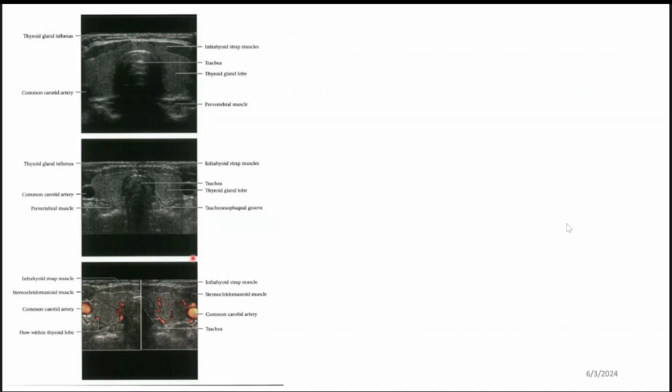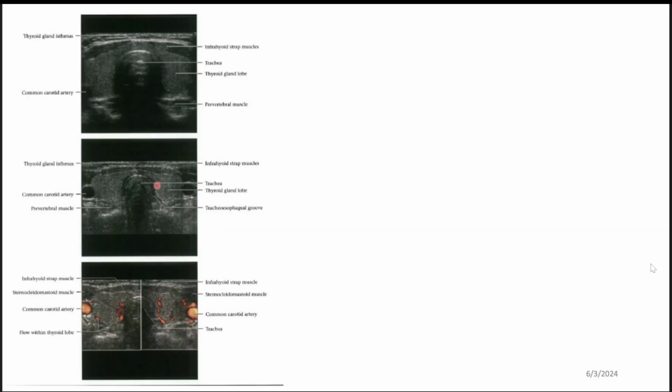Okay, so these are two different levels. Here we have the thyroid gland with trachea. The isthmus connects the right and left lobes, and we have the infrahyoid strap muscle.